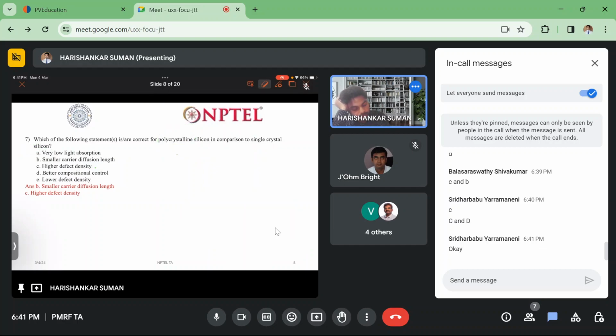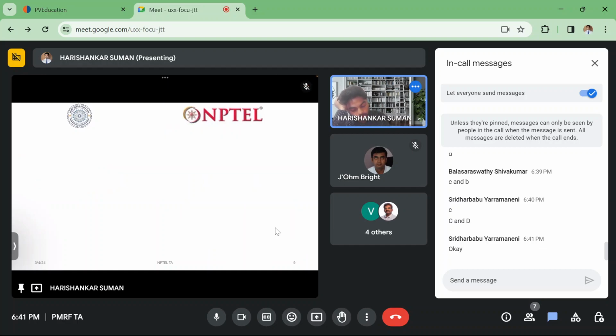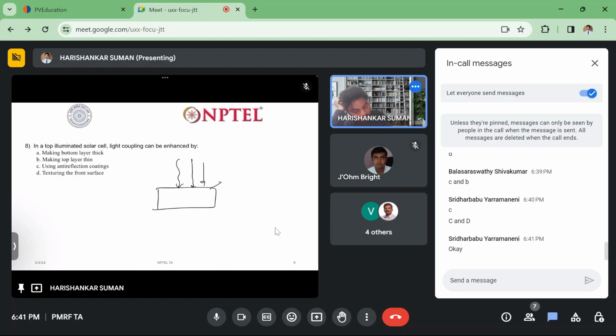Okay, let's move to question 4. In a top illuminated solar cell, light coupling can be enhanced by... let's say this is the top side and light is incident from the top side.